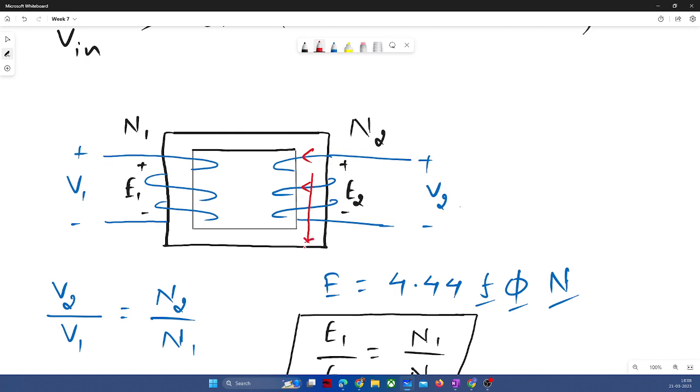So this will be the flux flow direction, and this is your current. When we flow certain current to the coil, it will produce certain flux, and the same thing will happen on the primary side as well.